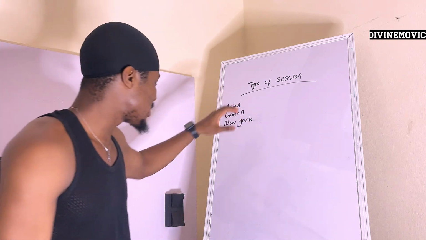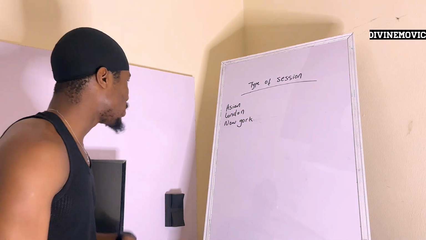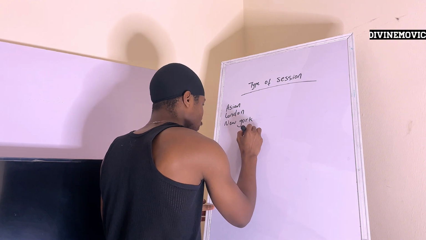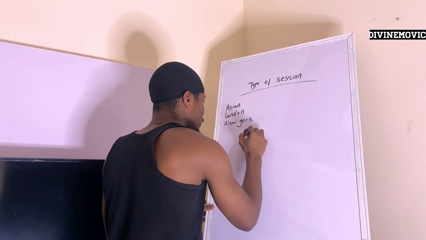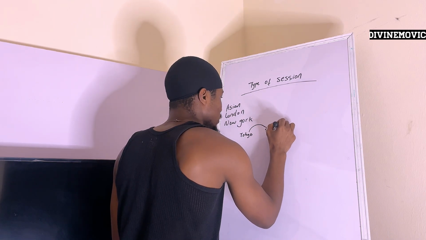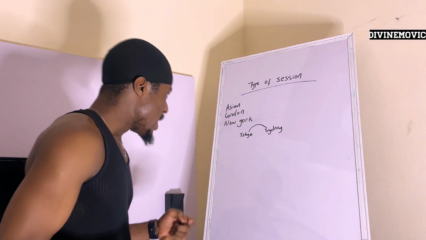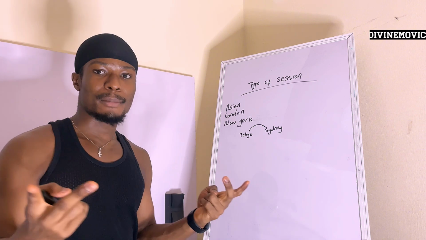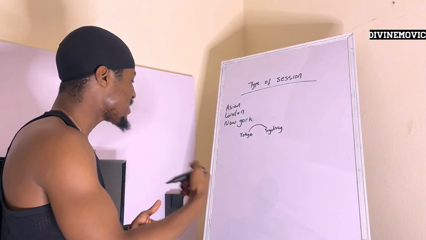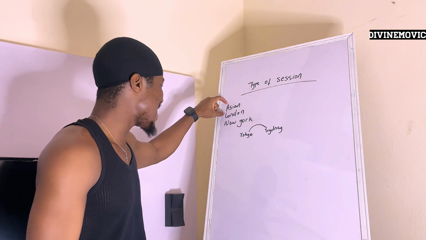Now, the first one here, which is referred to as the Asian session, is made up of the Tokyo and the Sydney. Right? Inside this Asian session we have two types, the Tokyo and the Sydney session. Once price opens, it opens with the Eastern session.